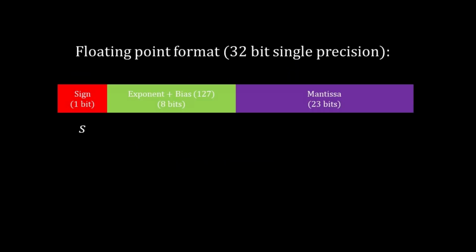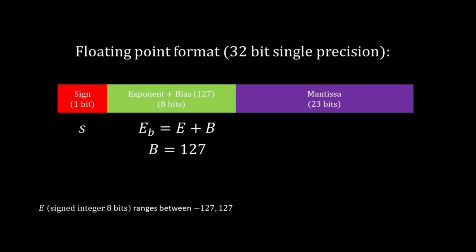Take for example the single precision float of 32 bits. We use a bit for the sign, then 8 bits to represent the exponent, where we store not the exponent itself, but the exponent plus a bias of 127. Note that any exponent written as a signed integer in 8 bits might range from -127 to 127, so we add 127 to store just a positive number.